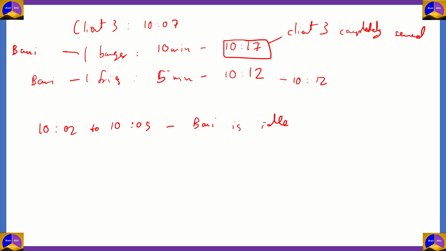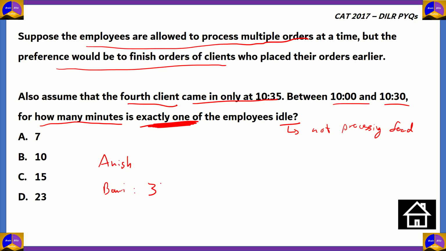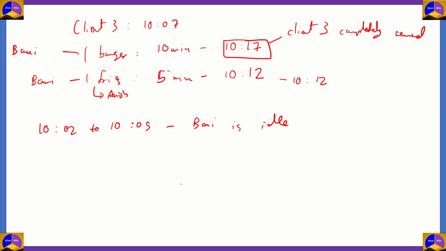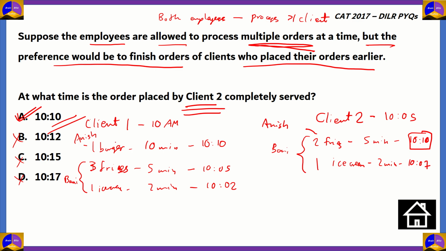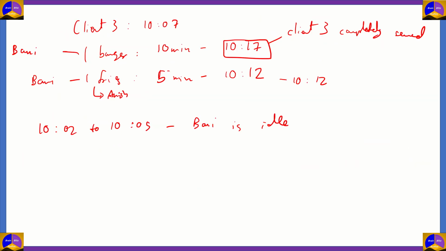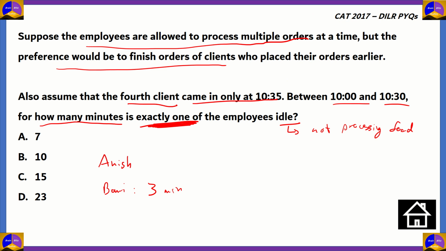So Bani would be working on the burger from 10:07 to 10:17. At 10:12, the fries would be there, and Anish would serve those. So Bani has 3 minutes. However, if you look at Anish, again, when we look at idle time, we're not calculating the serving, where the employee goes to the customer and serves their order. That is not considered as work, so it comes under idle time.